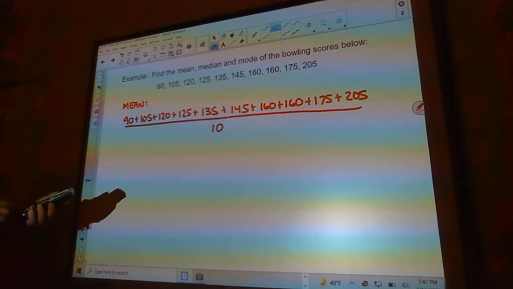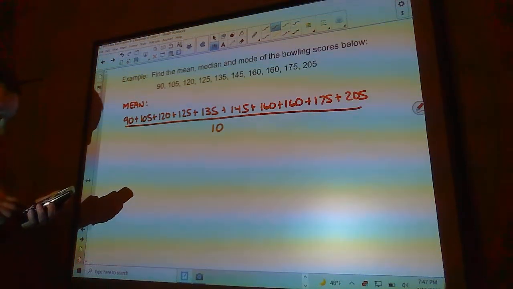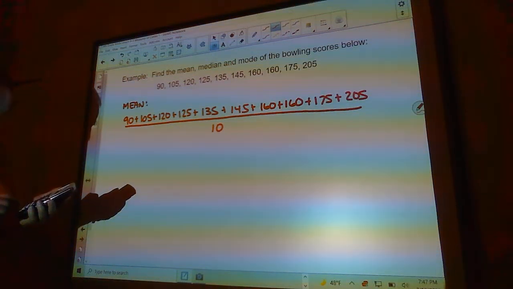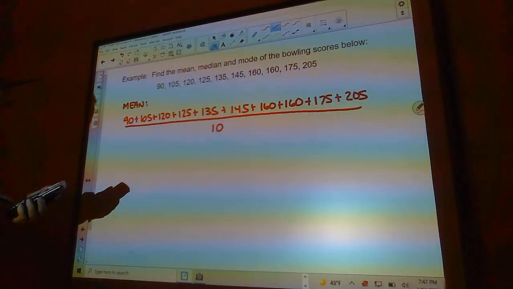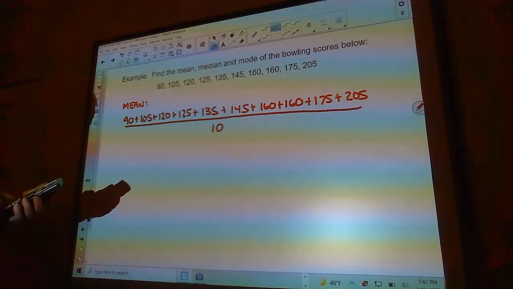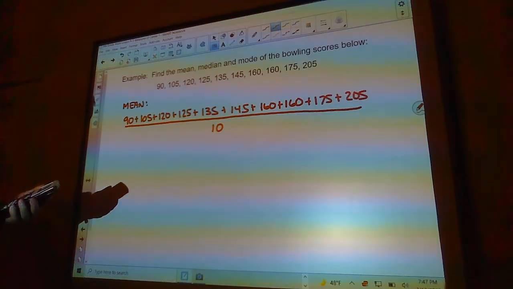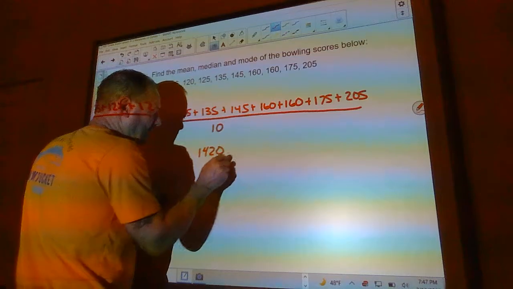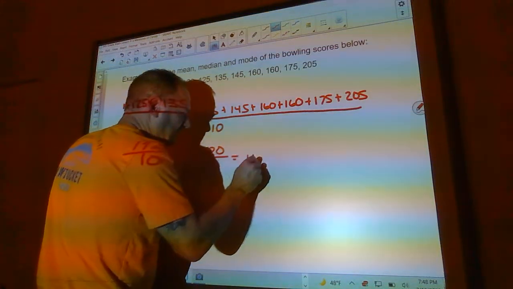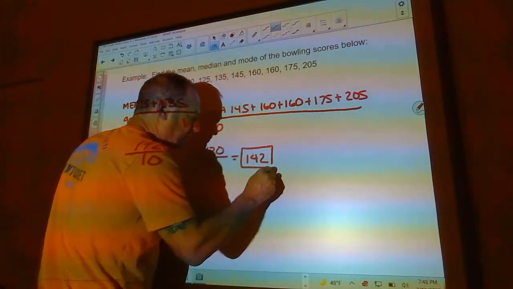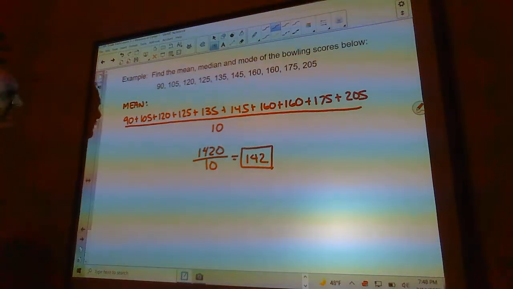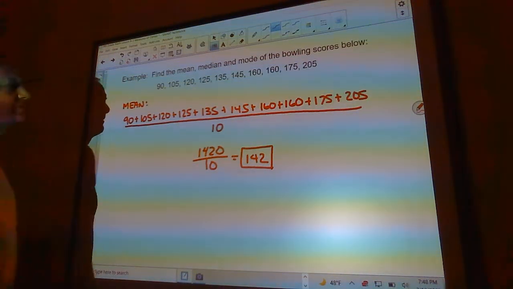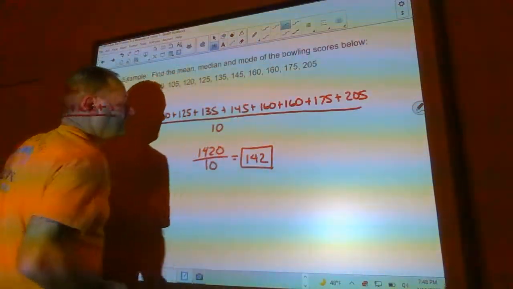We'll add these things up, and this adds up to 1,420 divided by 10, which gives an average score of 142. So there's our mean. That's the one that takes the longest to calculate.